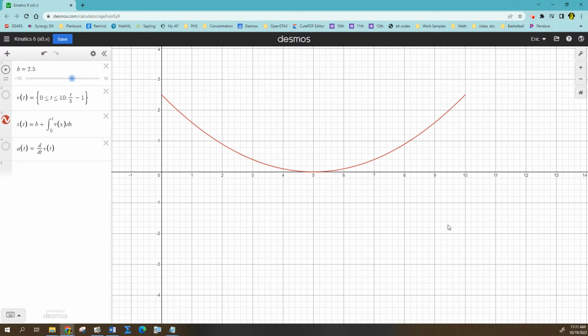So how am I going to come up with the velocity function? Now, choose your words carefully here, but what's the relationship between the graph of the position function and the value of the velocity function for any given input?